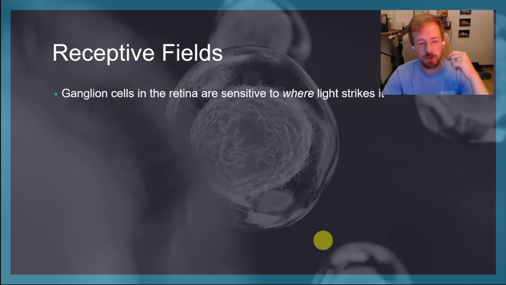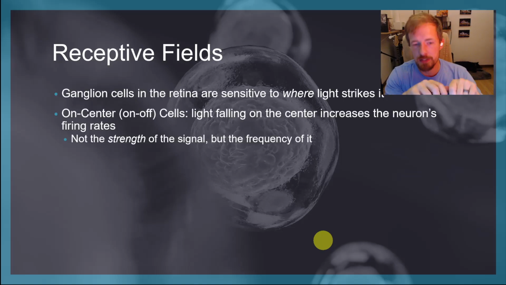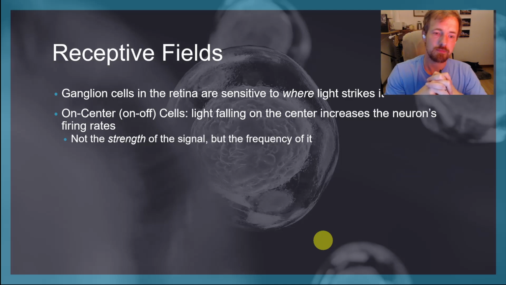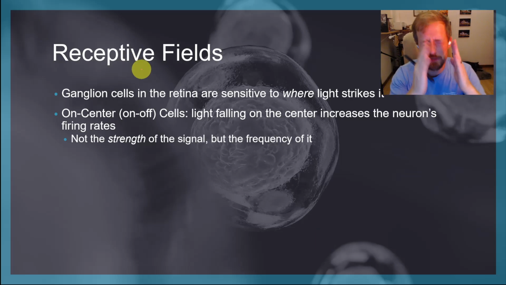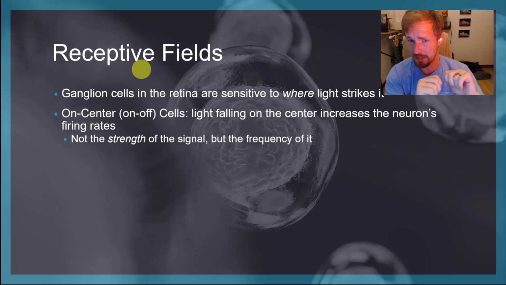So receptive fields are going to be ganglion cells and how they are sensitive to where light is activating throughout the retina. The reason I'm being careful here is because ganglion cells themselves don't actually detect light.